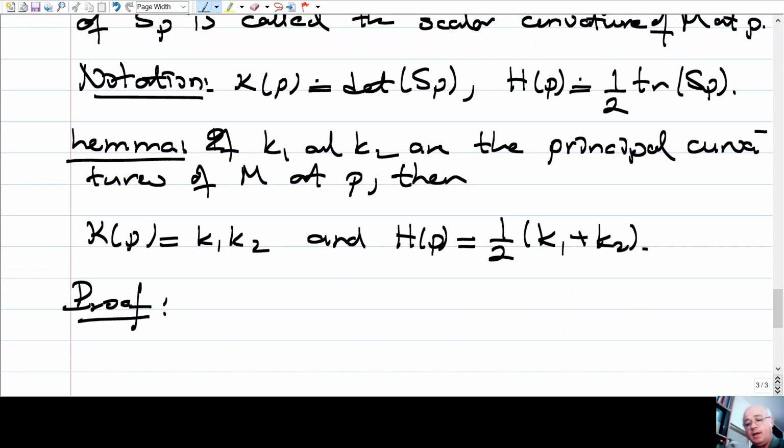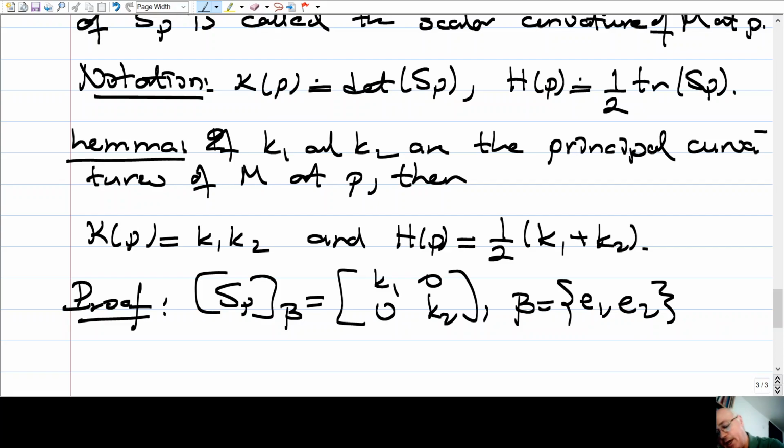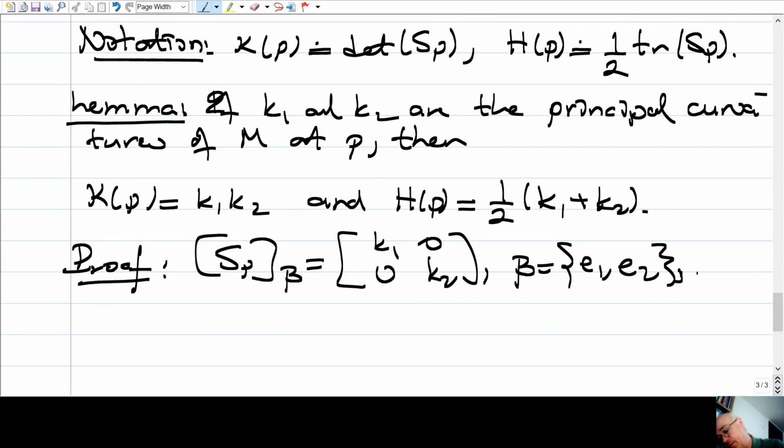Why is that? Well, we know that in the principal directions, the matrix representation was like this: K1, 0, 0, K2, where beta is the orthonormal basis for the tangent space consisting of principal directions E1 and E2.